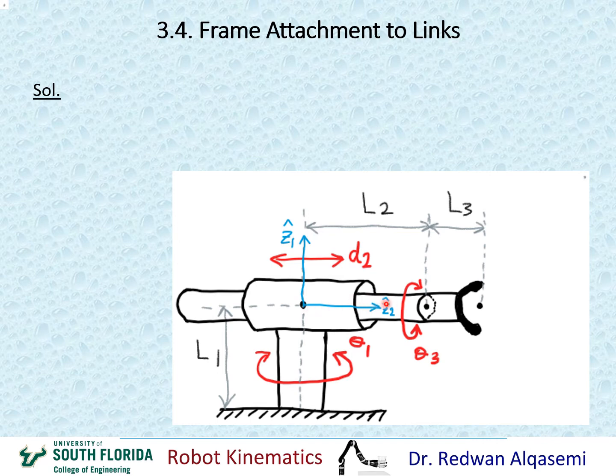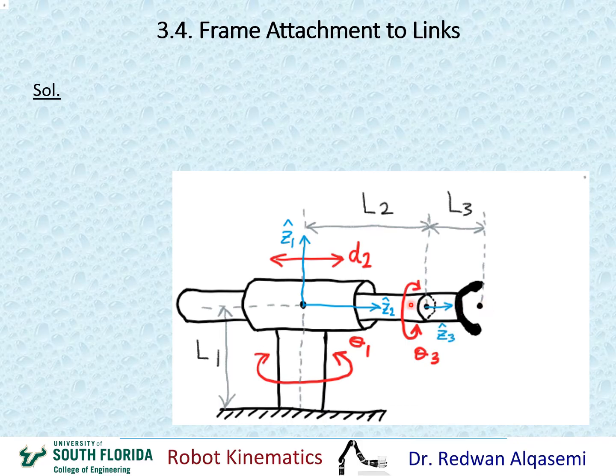Now for Z3, that's the axis of motion for the third joint. The third joint is a revolute joint, this joint right here, and it rotates about this axis. So again, I'm going to draw this axis for the rotation about joint 3.